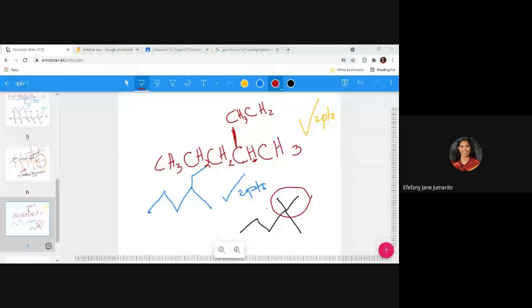Nancy's answer is correct if her line structure is this one, the second one in black.